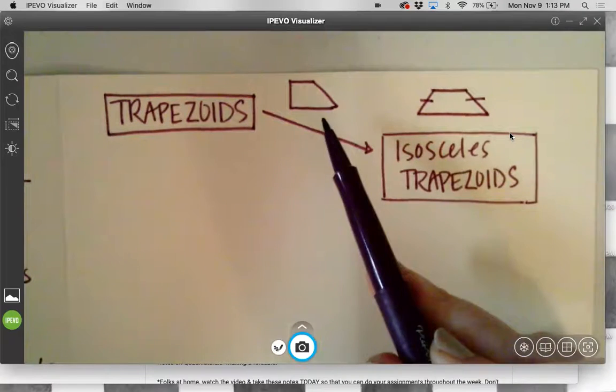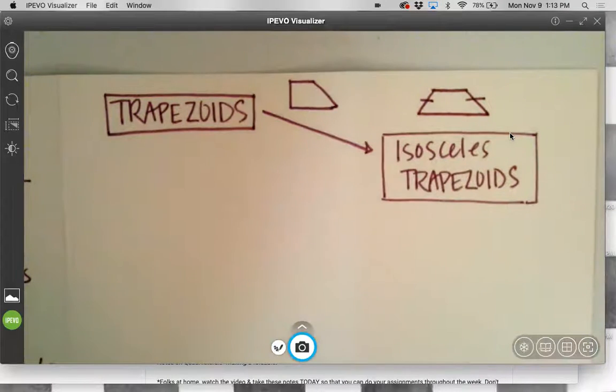Some of them can look kind of like this little boot right here. Some of them might go in on both sides, but just not in too much. They might even kind of go out. It might almost look like a parallelogram.